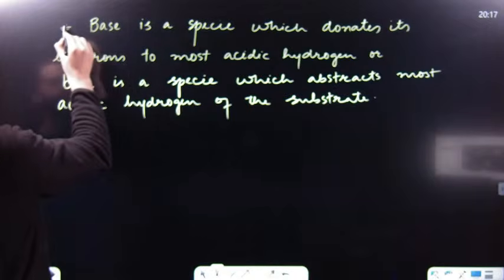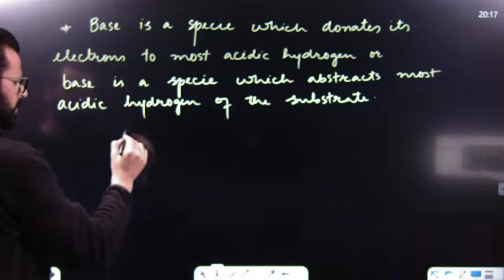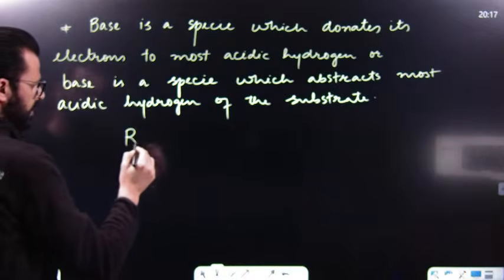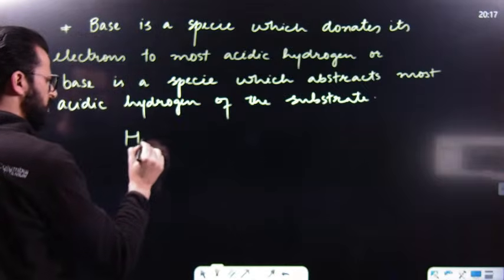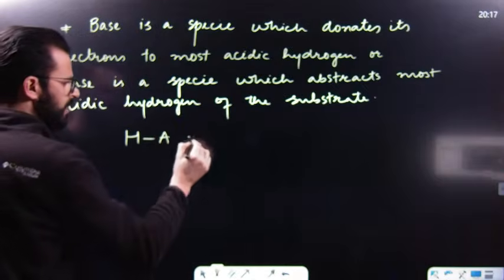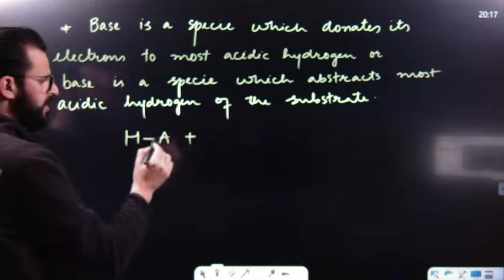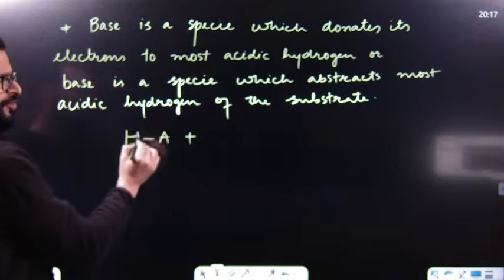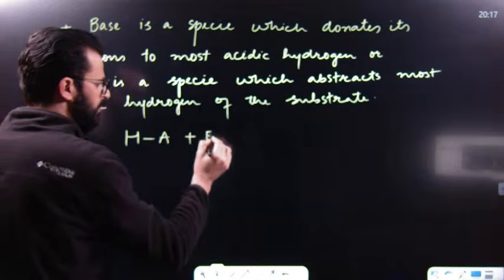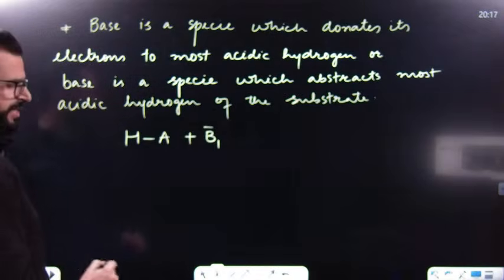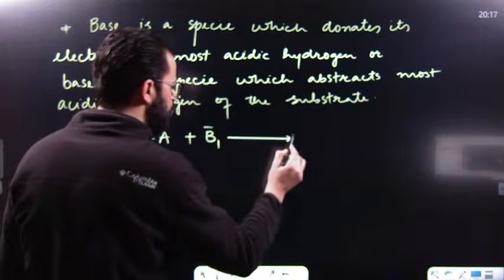For example, say HA is an acid, this is the substrate, and this H is the most acidic hydrogen, and it is treated with B1 minus as a base. Now what will the base do?